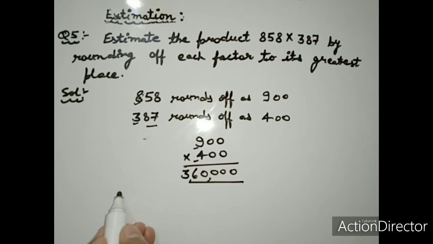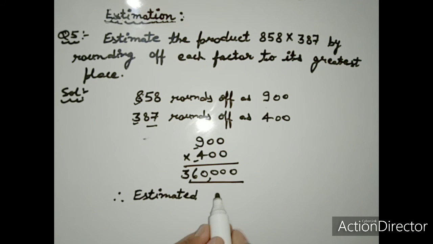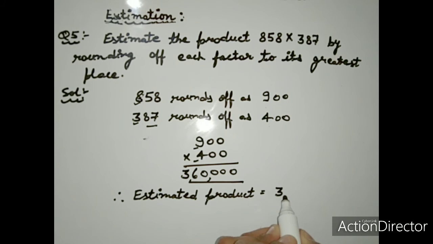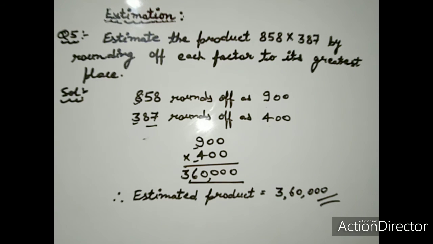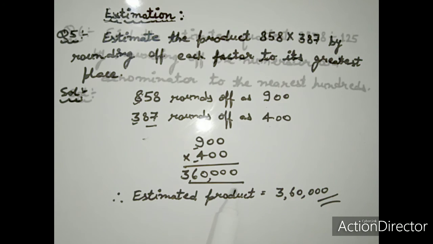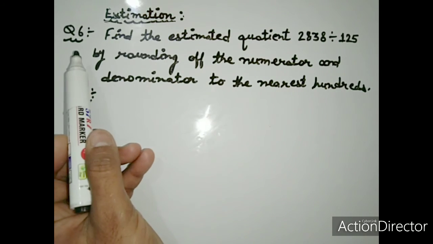So here we get the estimated product is equal to 3,60,000. And if we want to find the product nearest lakh, then we say that this product is nearest to 4 lakh.